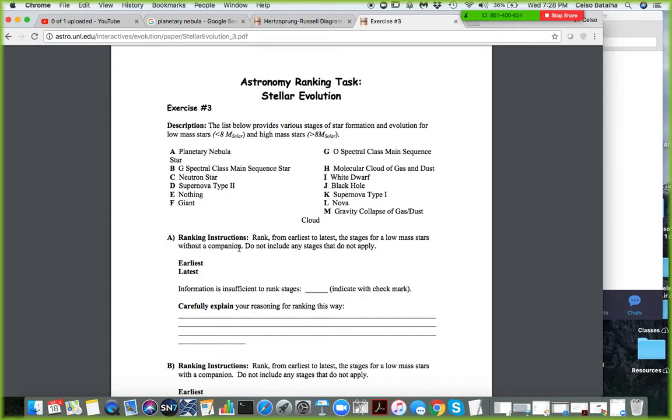Eventually, that comes to us all one day. And then the secondary starts expanding, becoming a giant.